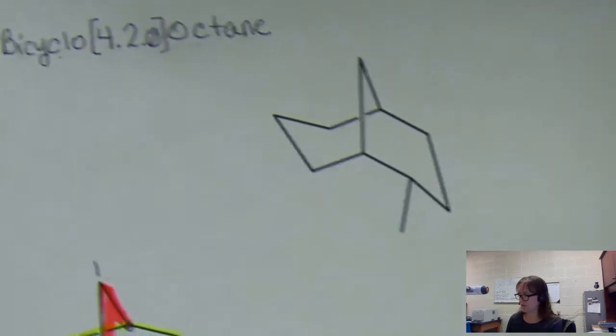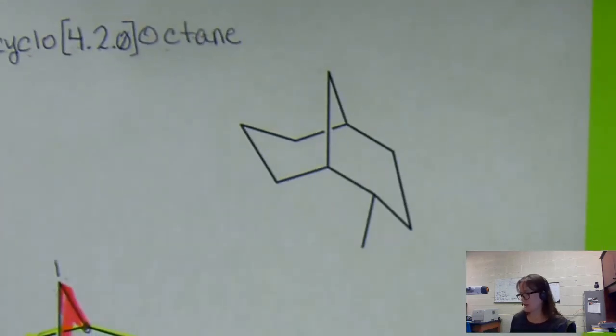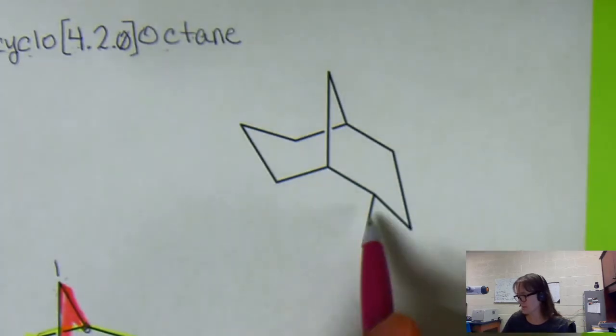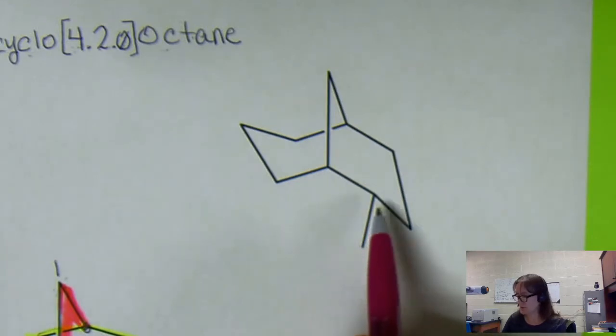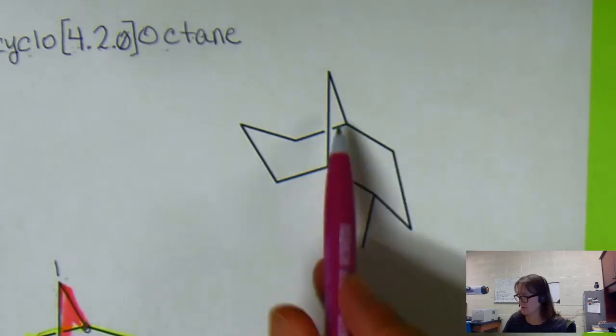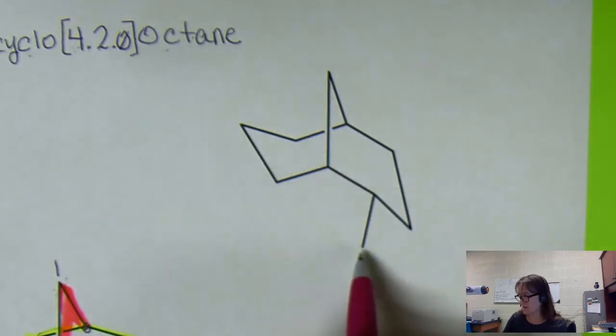Now if your bicyclic molecule has something attached, we still have to count the number of carbons based on what is in the ring, not based on something that is not in the ring.